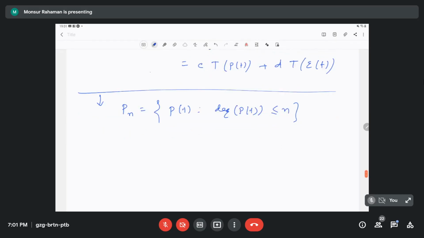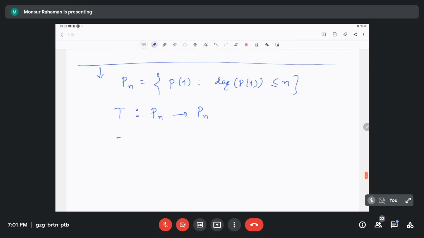This is a vector space. So let's define a linear transformation T from Pn to Pn, where T(p(t)) equals d/dt of p(t). This is a linear transformation, not a linear functional.